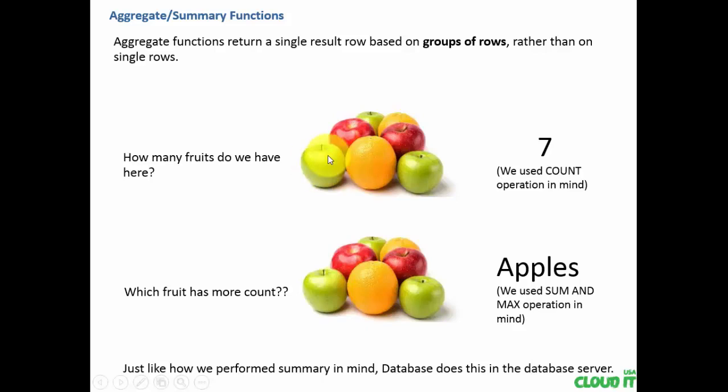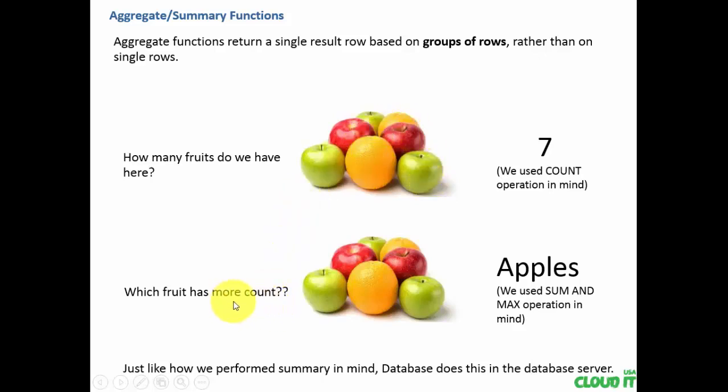So immediately in the mind you think, okay, let's do the count. 1, 2, 3, 4, 5, 6, 7. So it's 7. What did we do here? We did an aggregation. That means we identified the objects and we counted them.